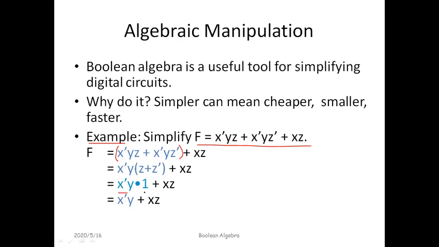This is what is happening here. So we have x prime y dot 1. This dot 1, we can easily ignore it and we'll have our answer as x prime y plus xz, which is the simplified version of this expression. So if you generate a truth table for this expression, you realize that you get the same answer as the truth table for this expression.